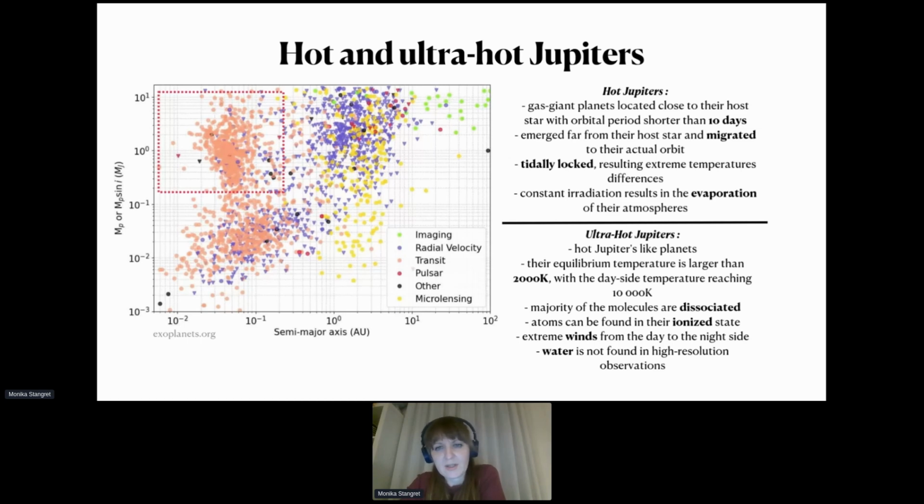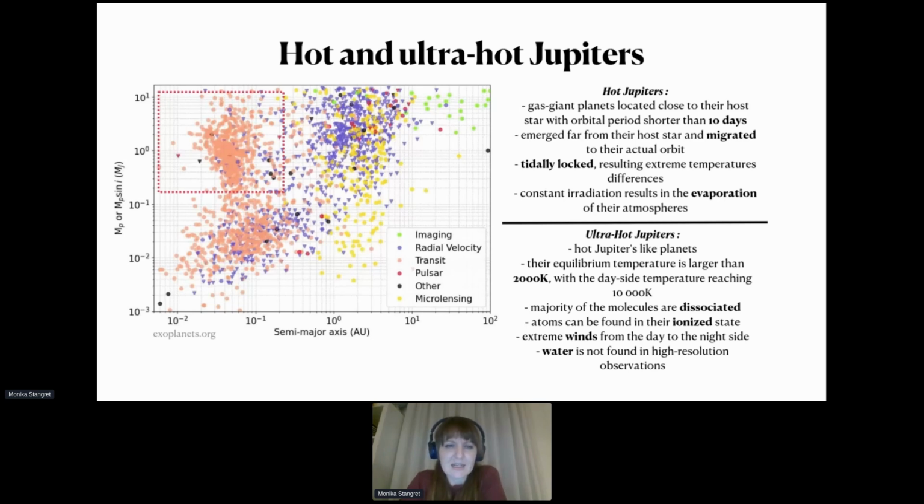So in consequence, there is a huge temperature difference, because they are close, and one part is really always irradiated. The ultra-hot Jupiters are like hot Jupiters, but their equilibrium temperature is larger than 2000 kelvins or 2200 kelvins, and the day side could reach also 10,000 kelvins.